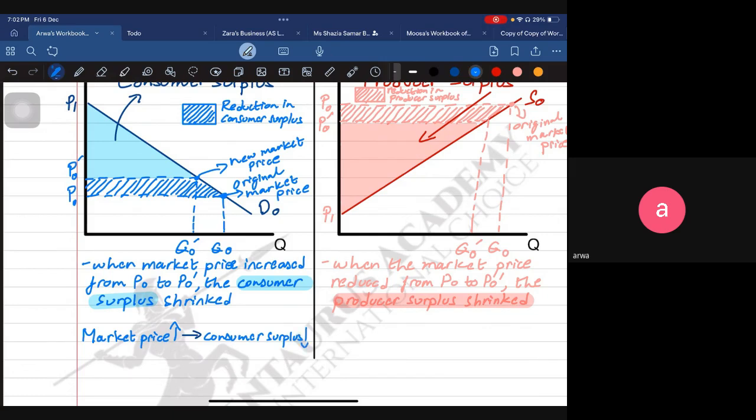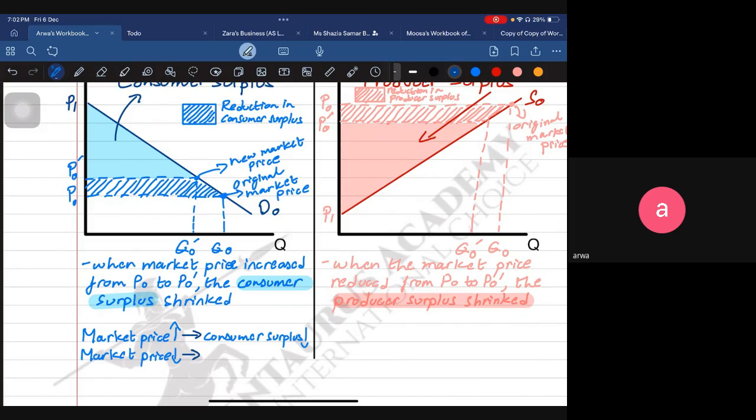Very good. And when the market price will fall, consumer surplus increases.